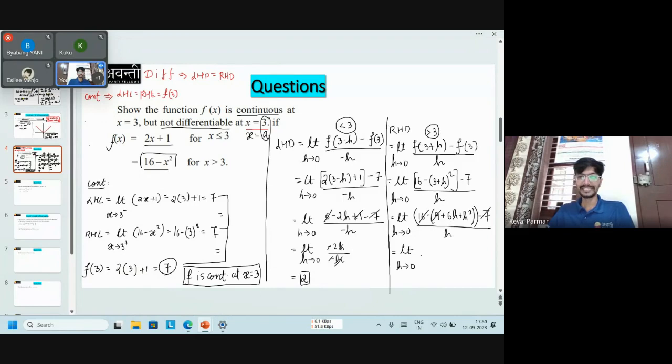From this both I can take h common. I will get 6 plus h upon h. h and h got cancelled, and in place of h we substitute 0. So I will get 6 plus 0, which is equal to 6. As you can see, these both LHD and RHD are not equal. So what do we conclude?